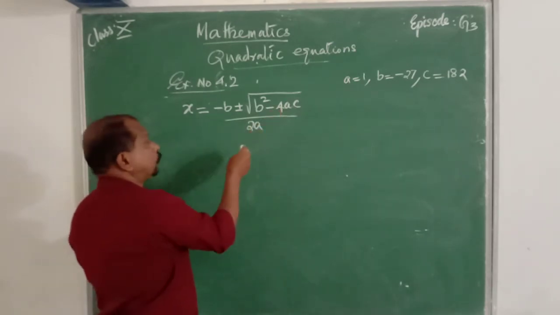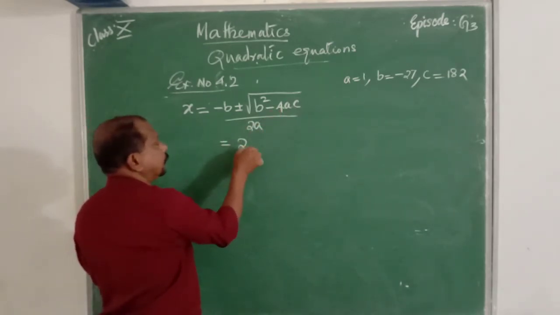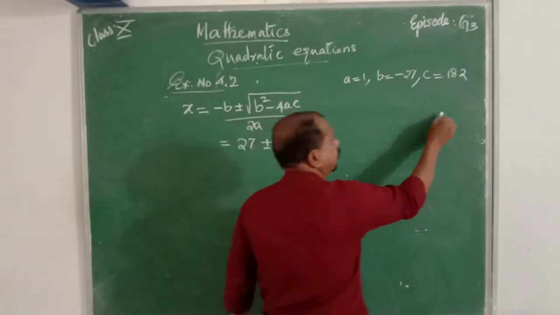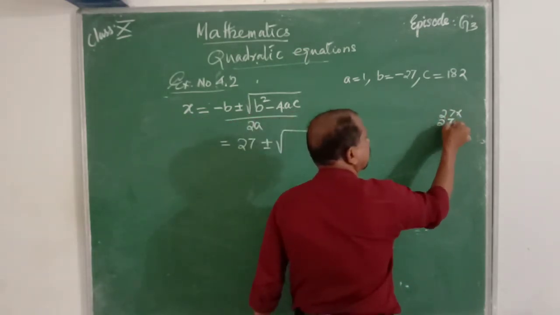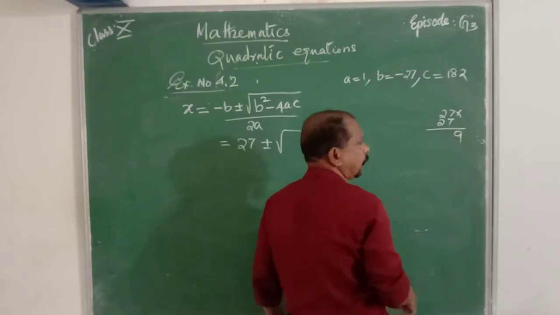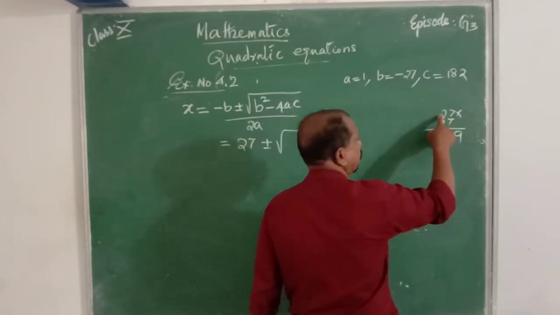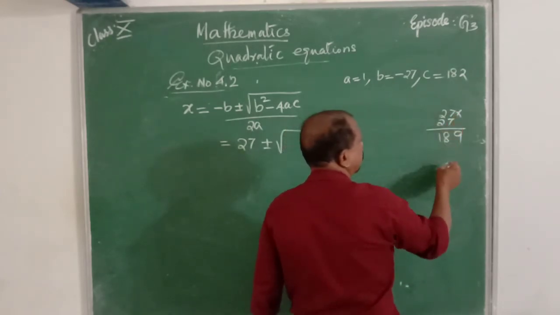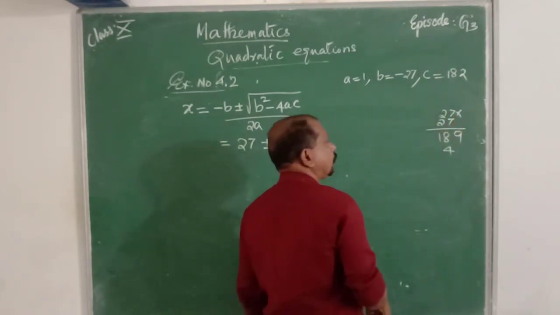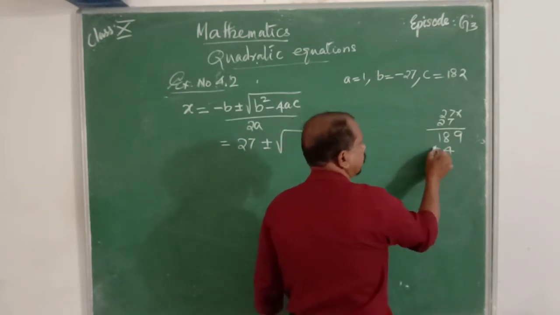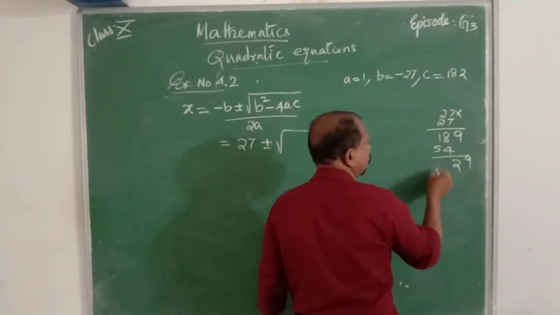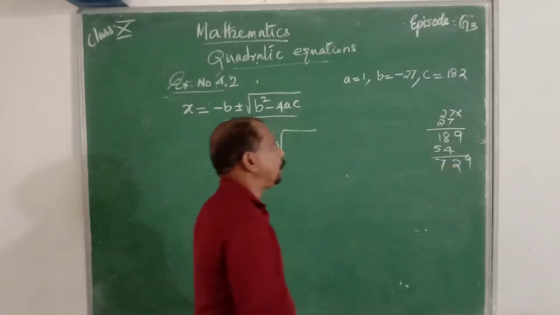Then b is minus 27, therefore minus b is 27. b square, 27 square, that is 27 into 27. 7 7s are 49. 7 2s are 14, 14 plus 4 is 18, 1 carried. 729.